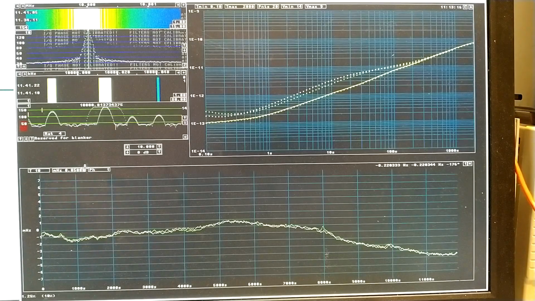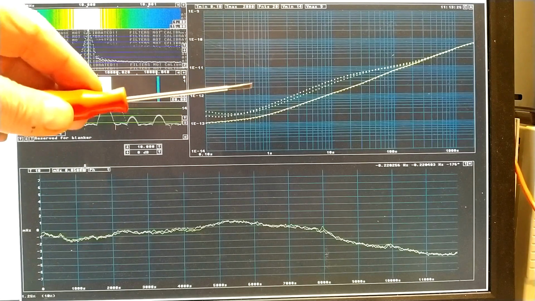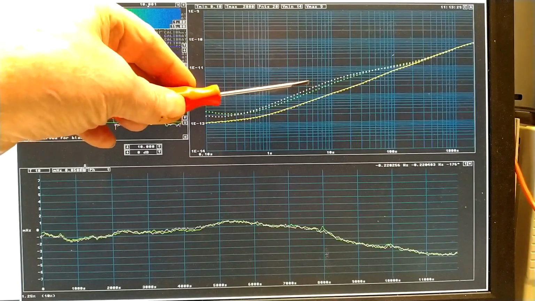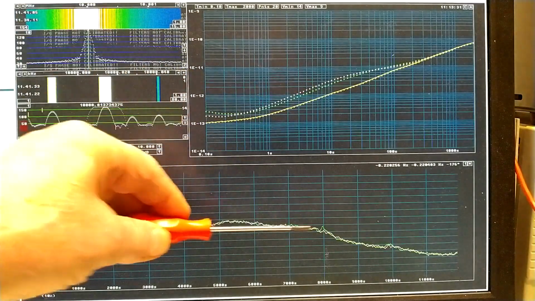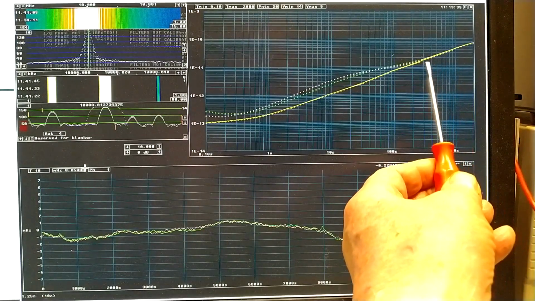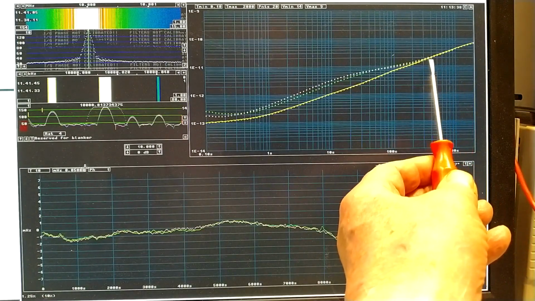But of course the two reference oscillators, they behave as I want them to now. So I can look at the Allan variation graph, and you can see the noise from the two oscillators, the wiggles here, and above about 200 seconds they are no longer present.